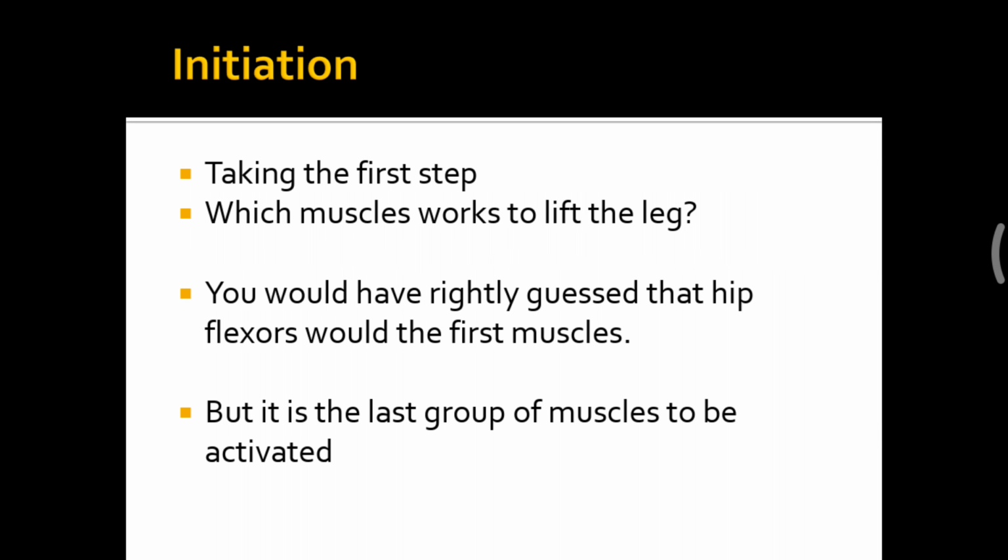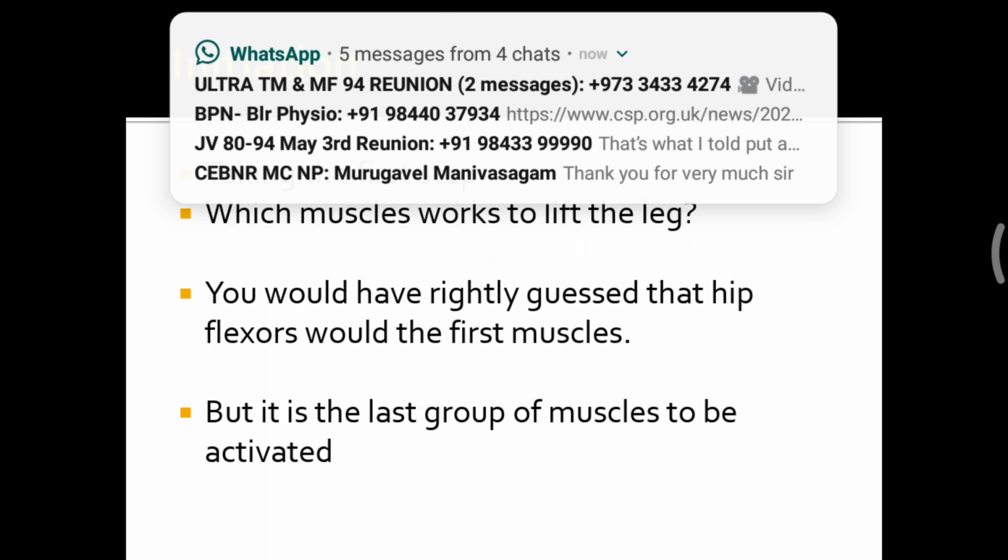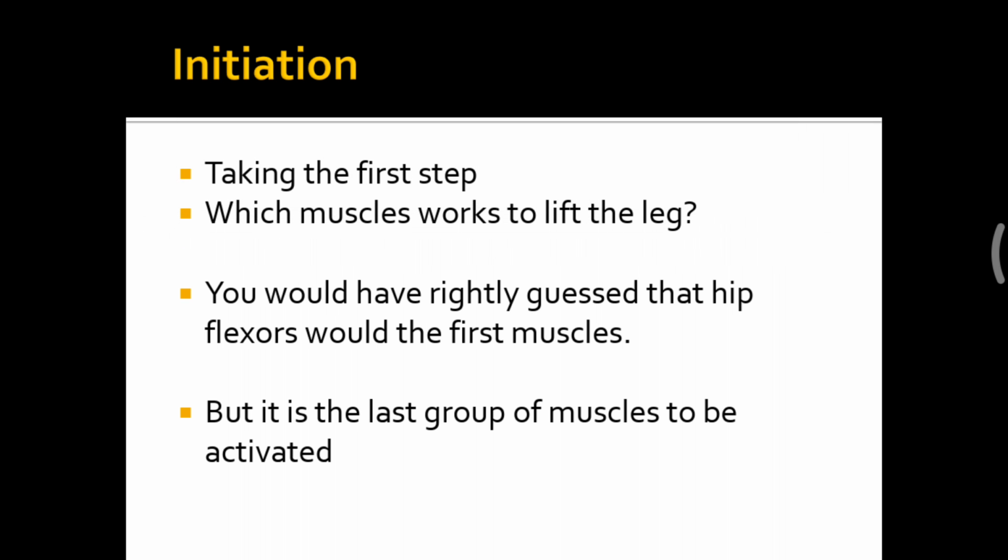So when you're standing, you have a requirement for balance, but we need to understand that whenever a person is standing, the muscles which work in order to maintain your postural control are different from the muscles which help you when you're initiating a gait.